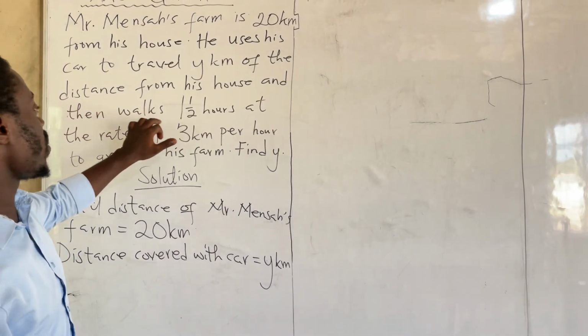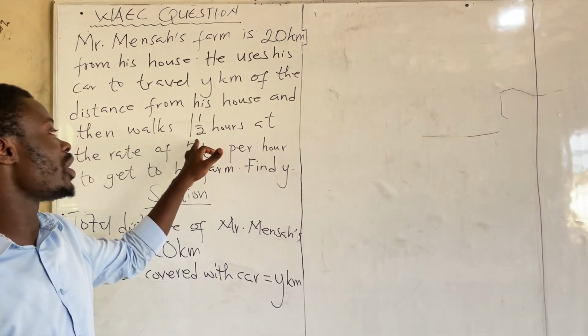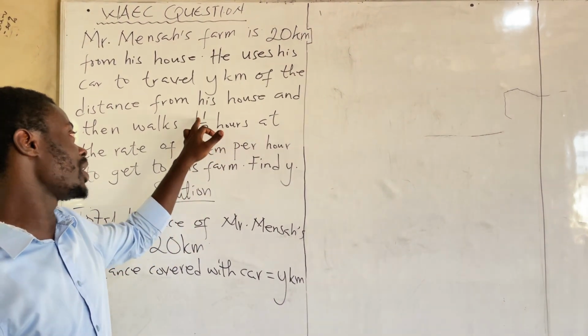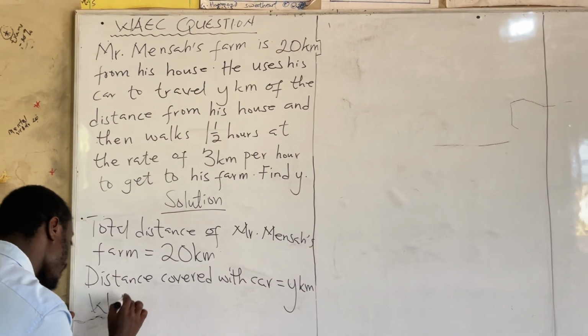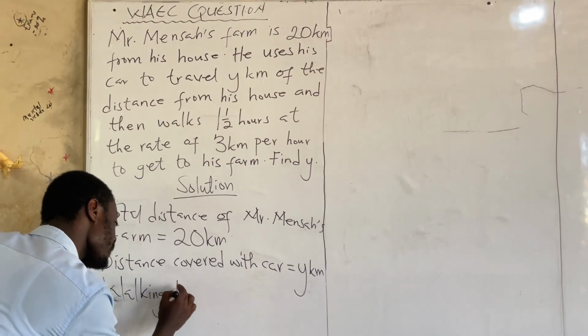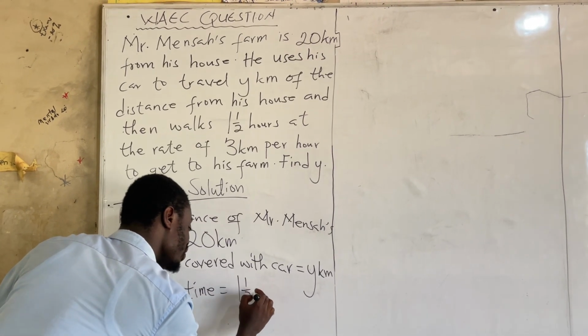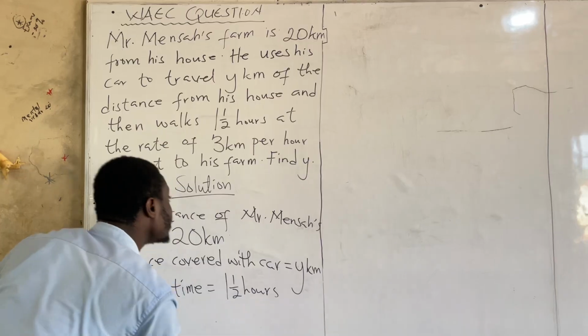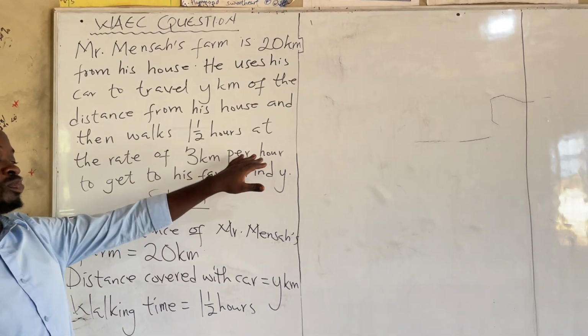And then he walks 1 1/2 hours. So this gives us the walking time, that is 1 1/2 hours. So walking time is equal to 1 1/2 hours. Let's continue: at the rate of 3 kilometers per hour.